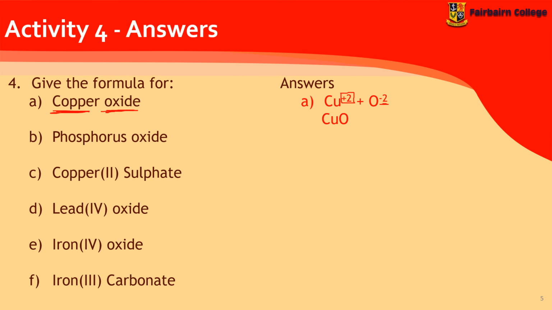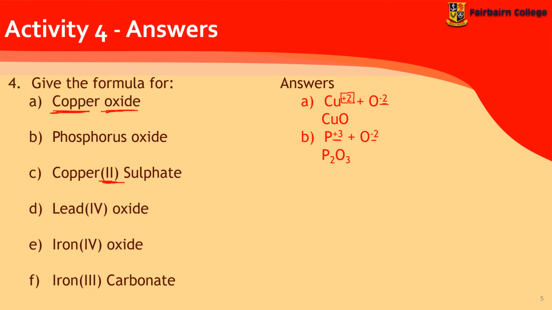But usually the variant will be given to you like in the other examples. So for phosphorus oxide, we know that phosphorus is +3, oxygen -2, so this one is straightforward. And then copper 2 sulfate, so here's where they give you the variant, so you don't even have to go look it up.